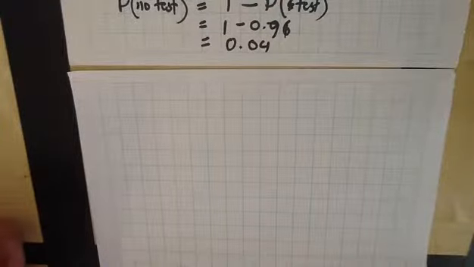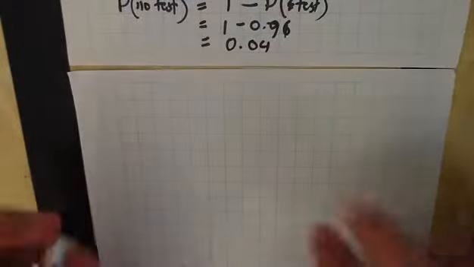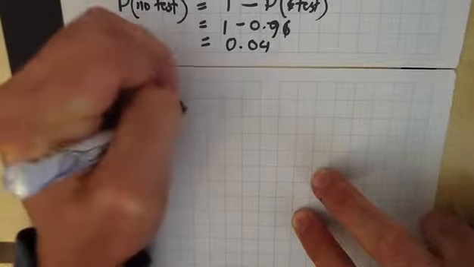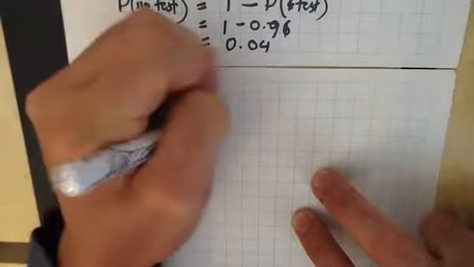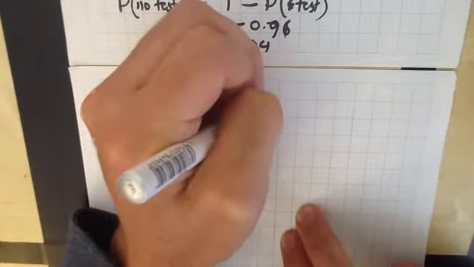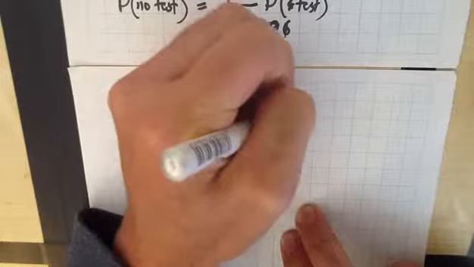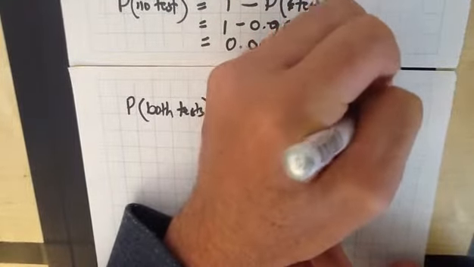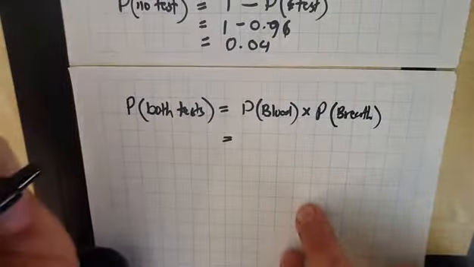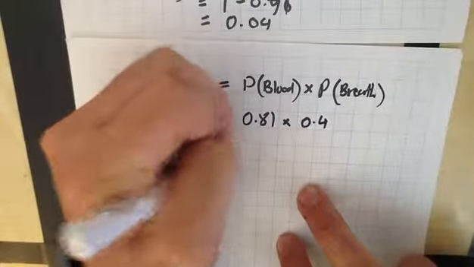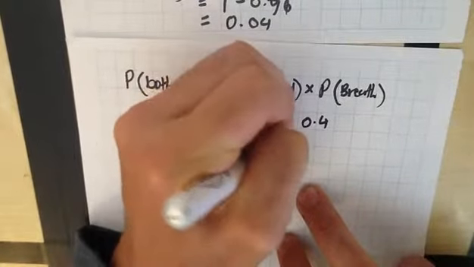If they were independent, then the probability of both tests would equal the probability of blood times the probability of breath. So this would be 0.81 times 0.4, and that gives me 0.324.